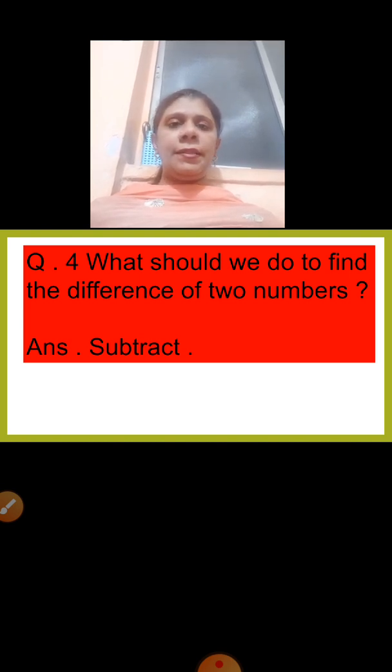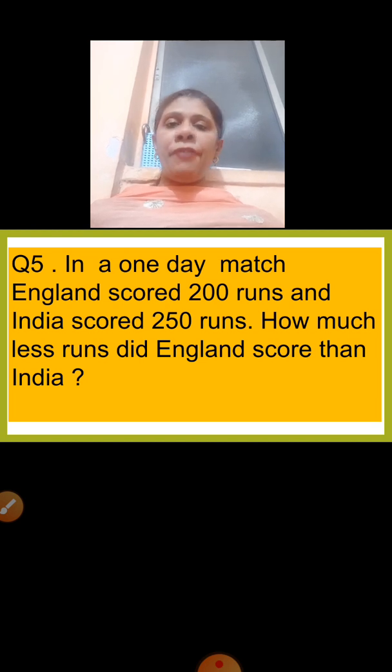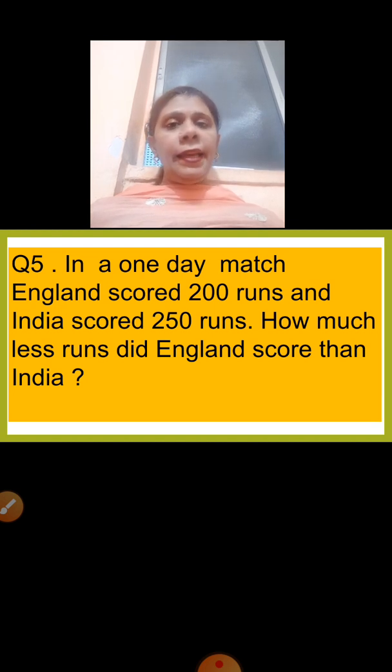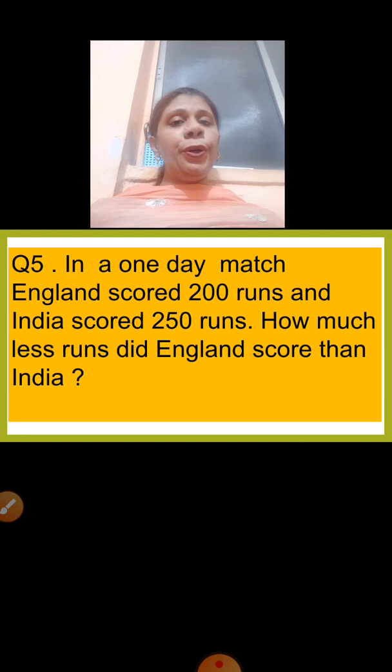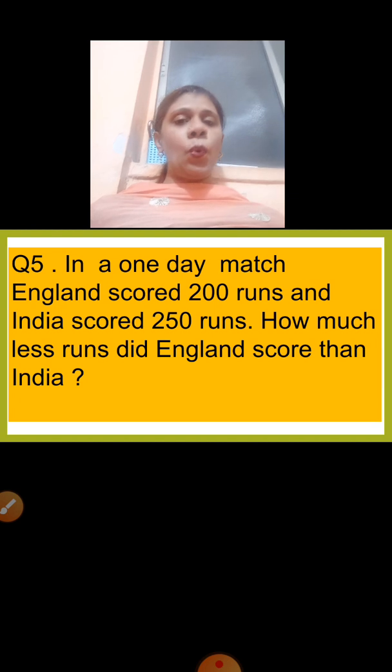Okay. Now let us come to the next. Question number 5. In a one-day match, England scored 200 runs and India scored 250 runs. How much less runs did England score than India?